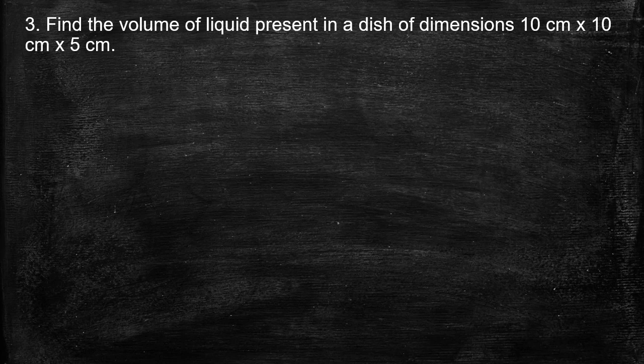Next question is find the volume of liquid present in a dish of dimensions 10 centimeter, 10 centimeter and 5 centimeter. So dimensions of the dish, that is length, breadth and height of the dish, are given to you. You have to find out volume of the liquid present in this dish. So volume of the liquid, it will be equals to length into breadth into height.